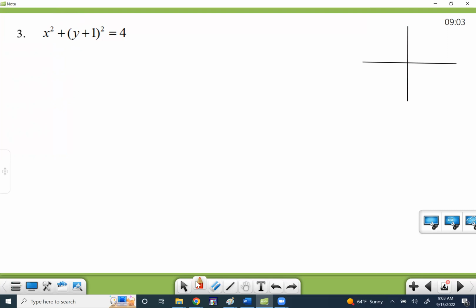So 0, -1 would be the center. So be right here, you guys. And remember, it's r squared over here. So if r squared equals 4, square root both sides to get r equals 2. So you would go 2 up, put a dot, 2 to the right, put a dot, 2 down, put a dot, and 2 to the left and put a dot. And there's your circle, right?